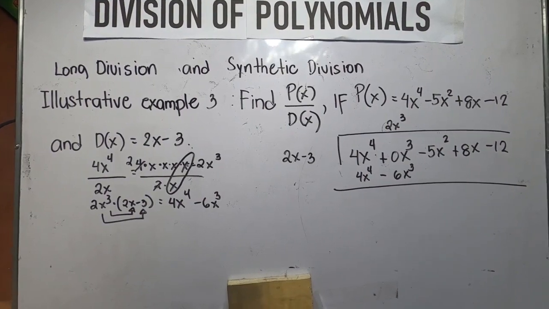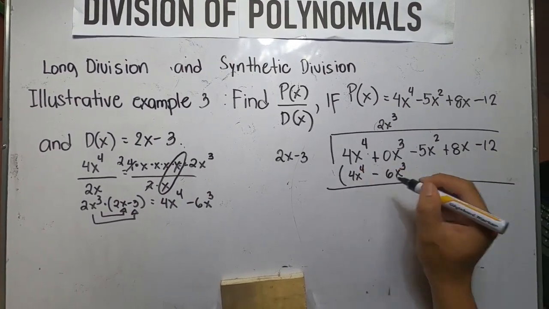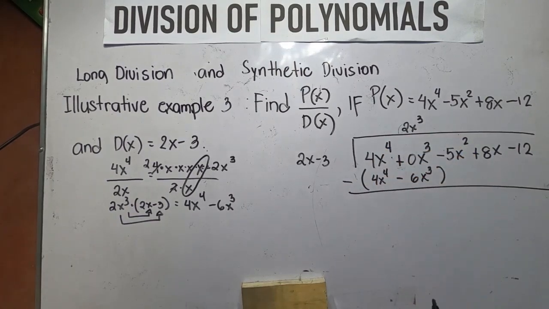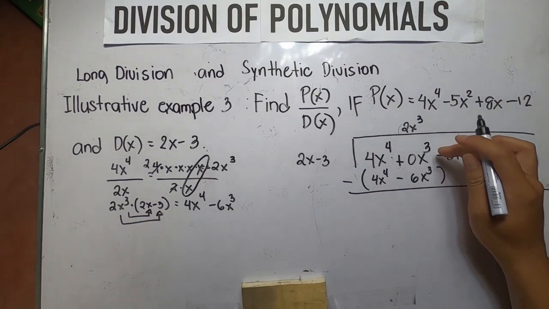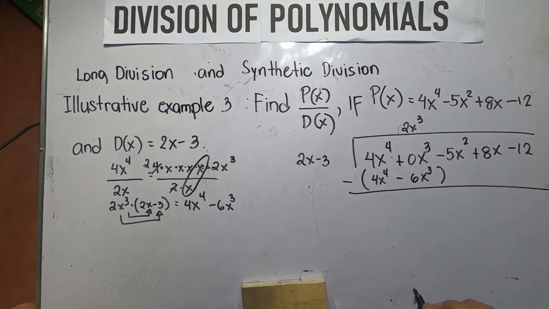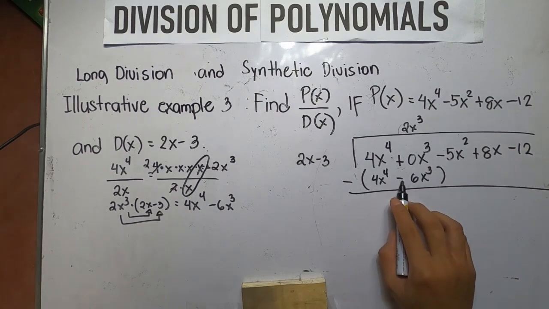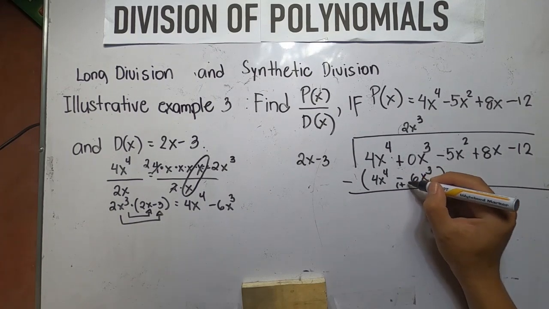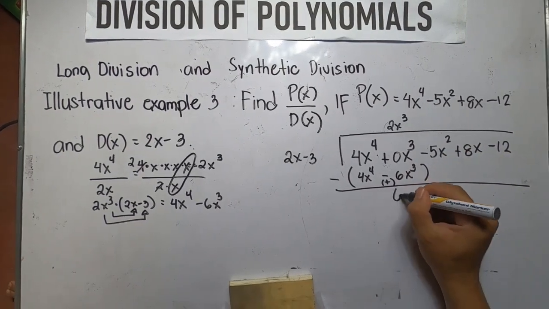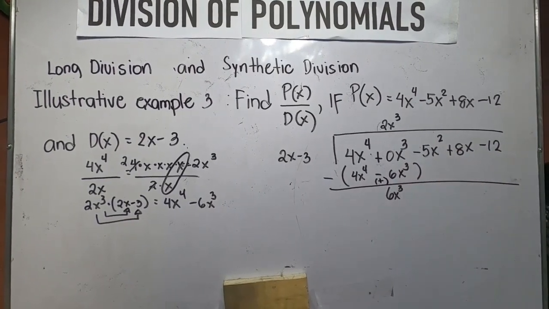Then, what will be done next? Subtract. 4x raised to 4 minus 4x raised to 4 is 0x raised to 4. Then, 0x cubed minus negative 6x cubed. So, the sign will be changed. And proceed to addition. 0x cubed plus 6x cubed is 6x cubed.